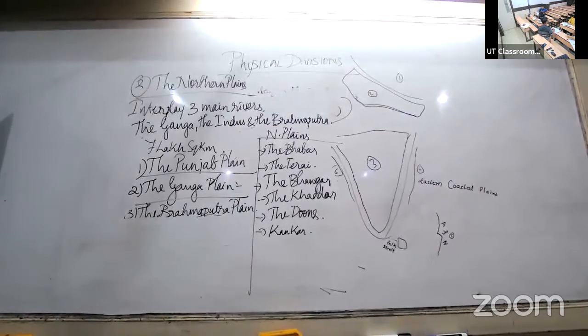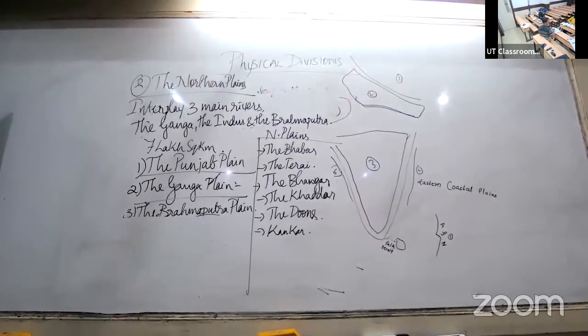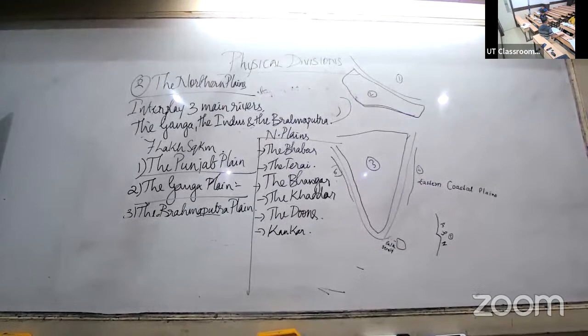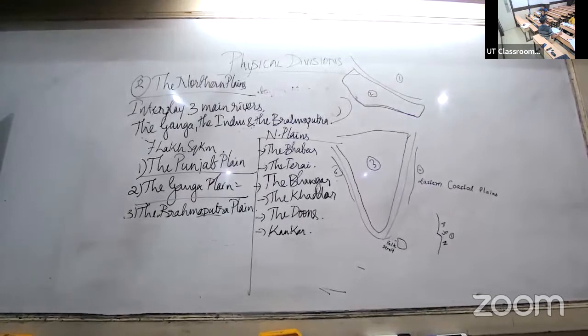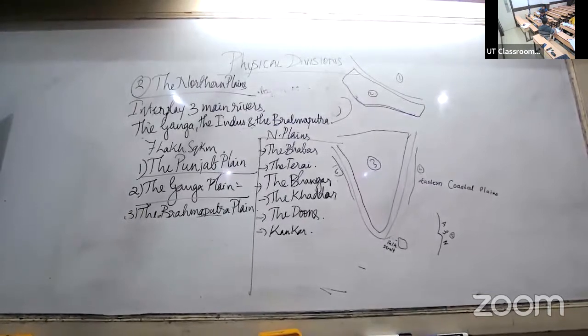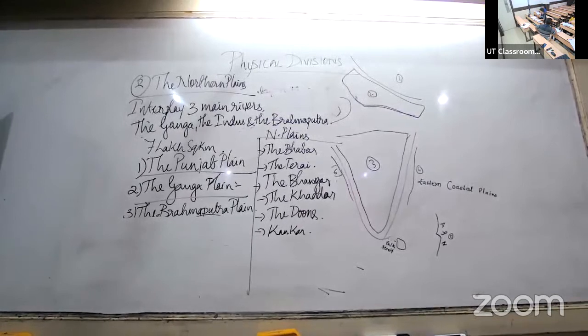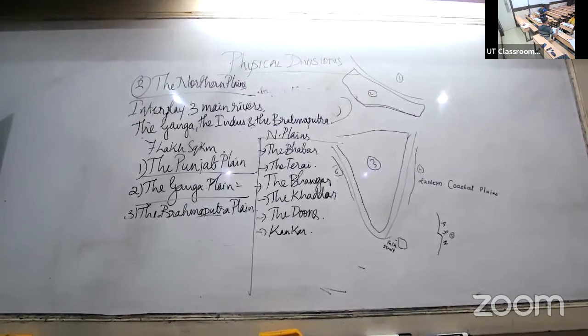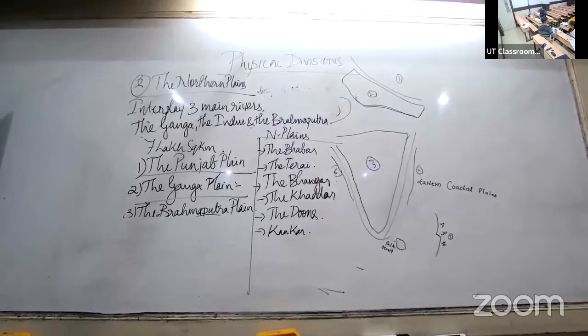And what is its width? 310 kilometers. Okay, sure. Narrow belt, this is running in east or west direction along the Shiwaliks.